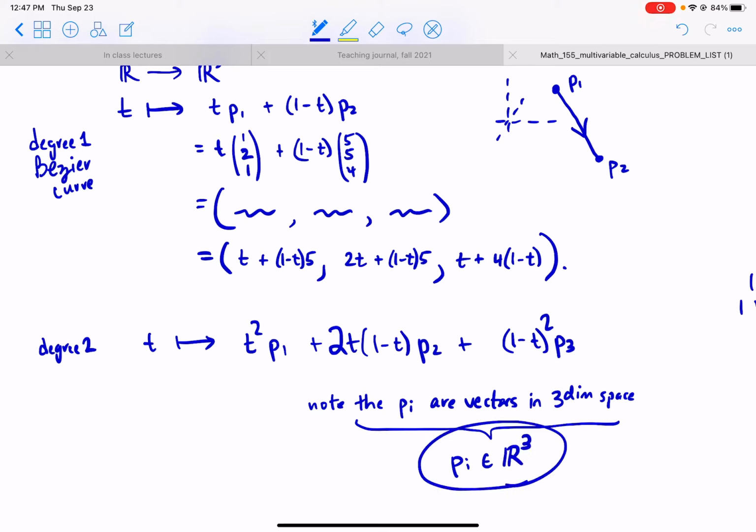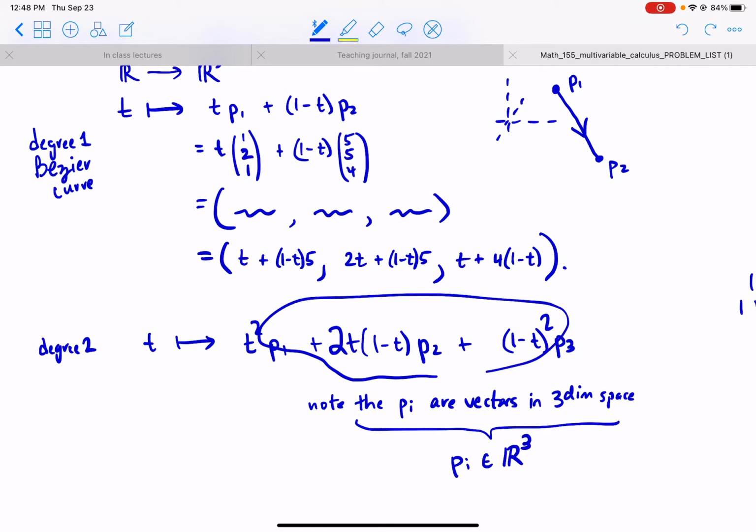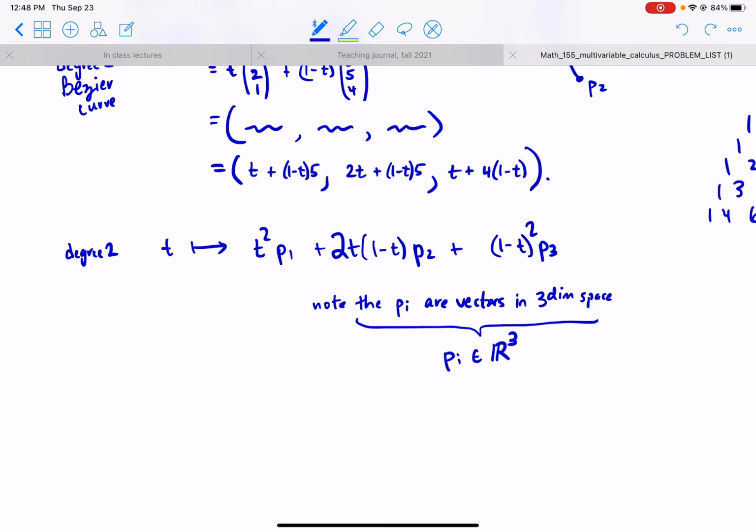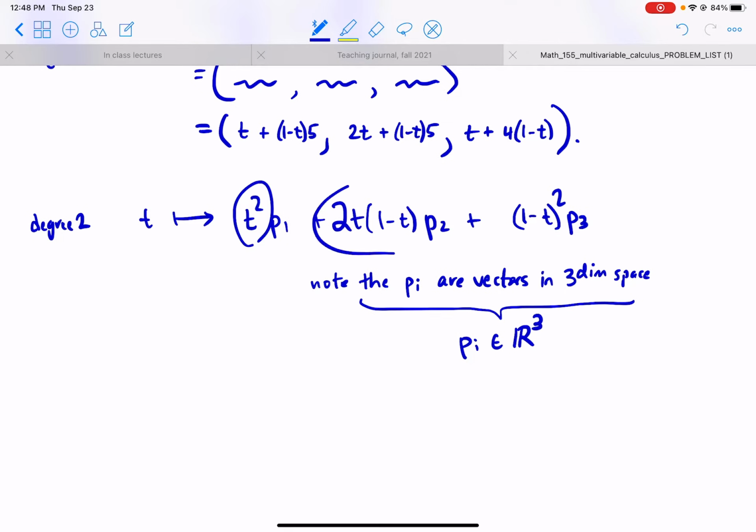So this is in symbols for what this means in words, and it's important because the other things like 2t times 1 minus t, that's a number. That is a real number. It is not a vector. So this is a vector times a scalar number, and this is a linear combination of vectors. In fact, it is a convex combination of vectors, but I'll talk about that later.